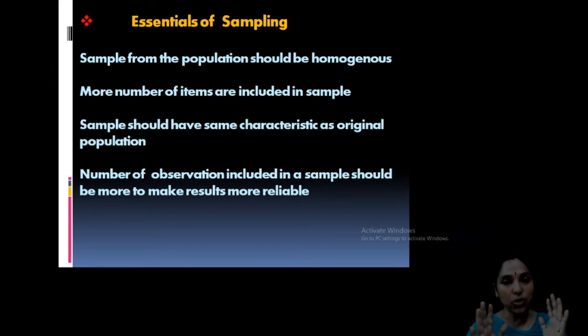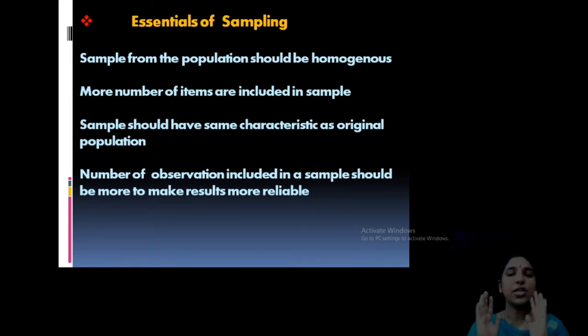The sample should have the same characteristics as the original population. If you consider the entire population, the character of the majority of the individuals should be included in the sample. If among the 1,000 people one is very rare or an exception, you won't take that as a sample.